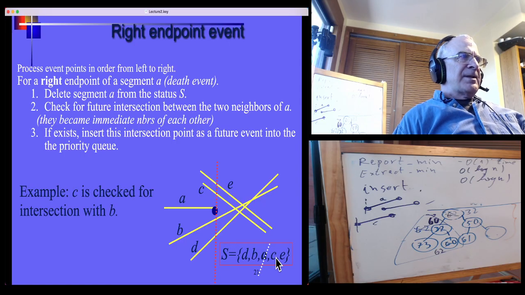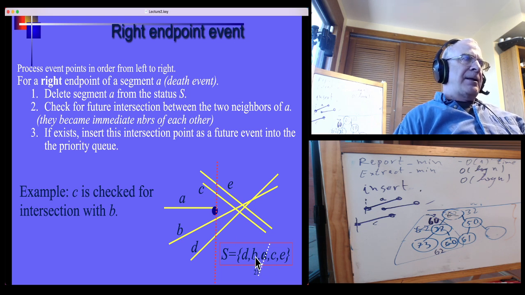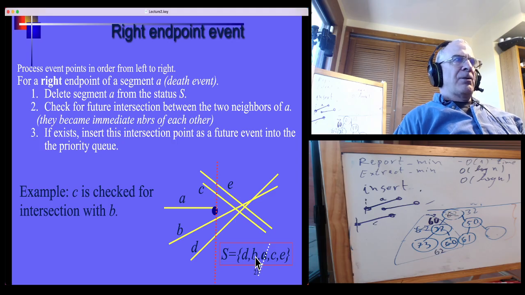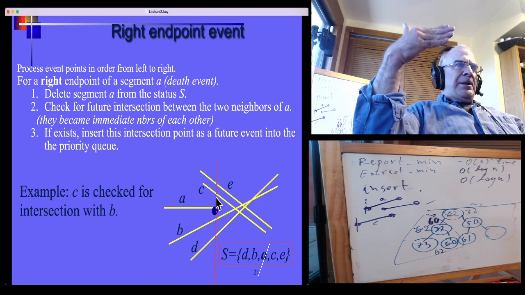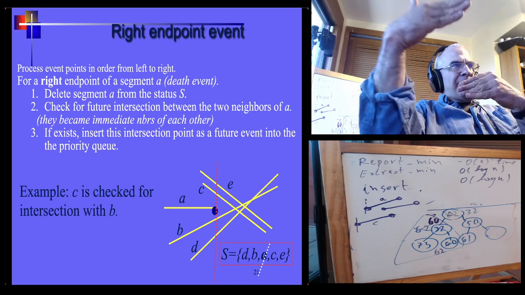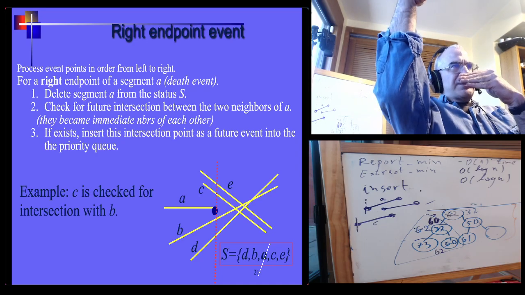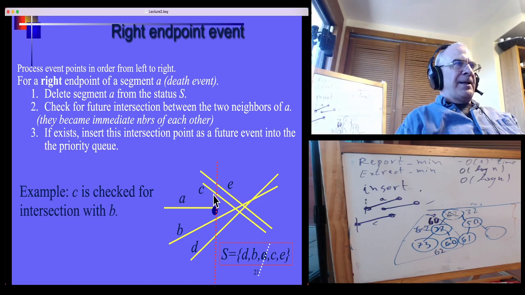Okay, so in terms of the status, I delete A, A dies. During the deletion, I'm asking who is the successor and predecessor. Successor is the smallest value strictly larger than A, that is, who is just above A, namely C. Who is the segment immediately below A?